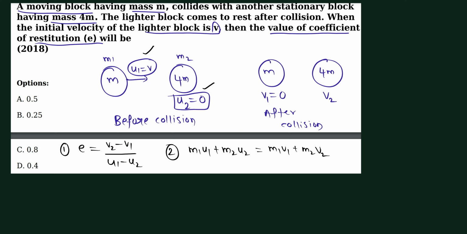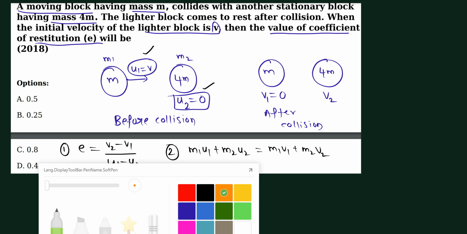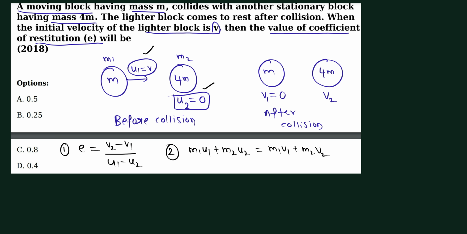We don't know the value of V2. The V1 value is given as 0. To get the V2 value, use the second formula, which gives the relation between V2 and V. What is the M1 value? M1 is M. U1 is V. M2 is 4M.